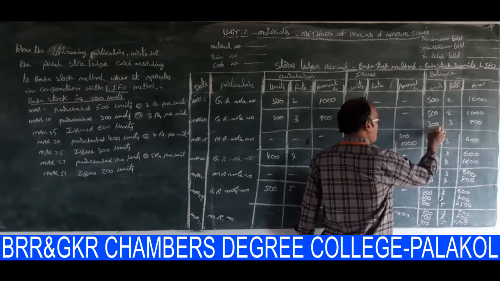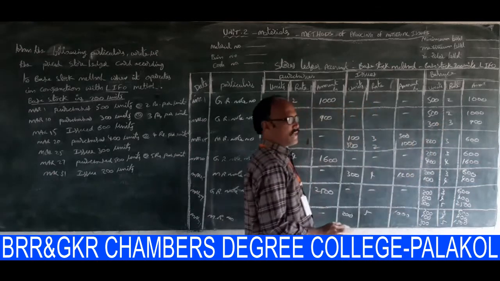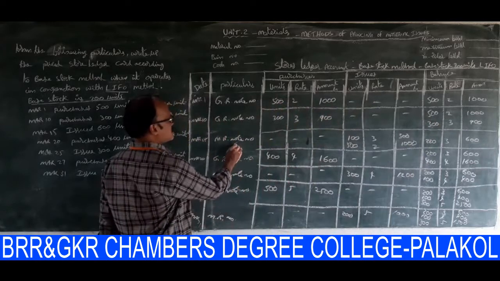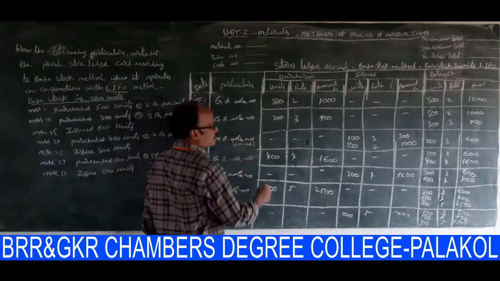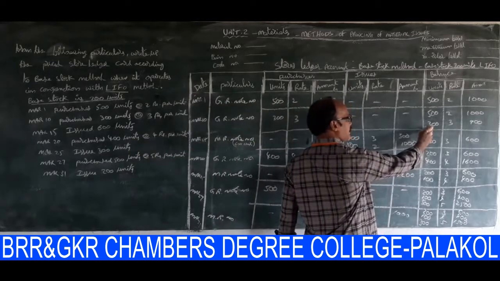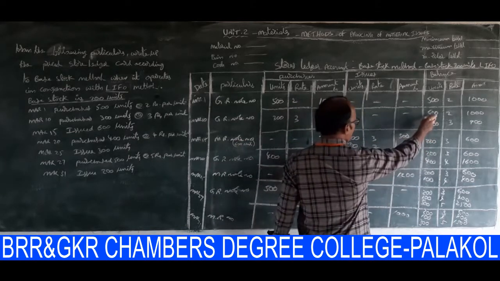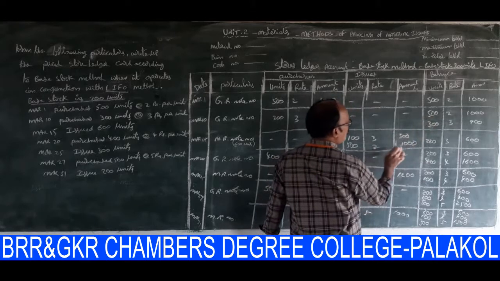Then we issue only 100 units from this. So the 600 units released, only 100 units from this, remaining 200 units maintained as base stock. So 100 into 3, 300, remaining 500 units are issued from this. So 500 into 2, 1000.